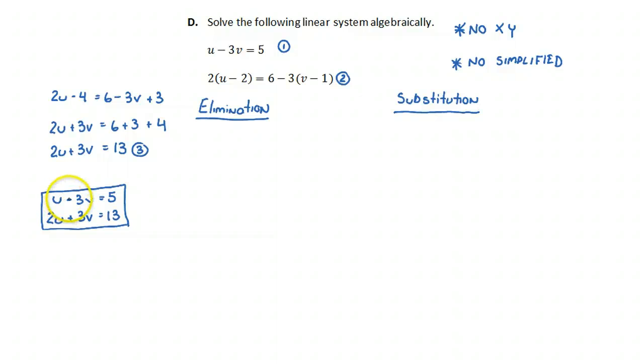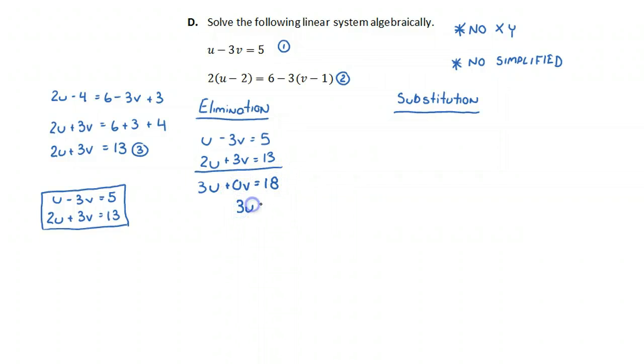If I take a look at this, what jumps out at me right away is that the v coefficients are opposite numbers, so negative 3, positive 3. So if I take these two equations and I add them together, I'm going to see that I get, sorry, not 3v, 3u, u and 2u, and then plus 0v equals 18.